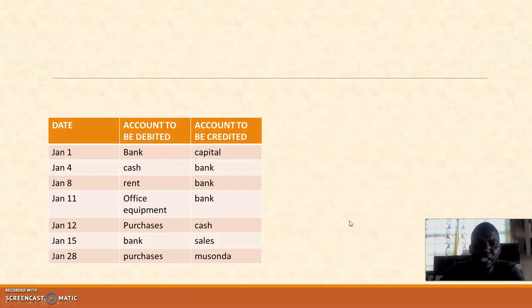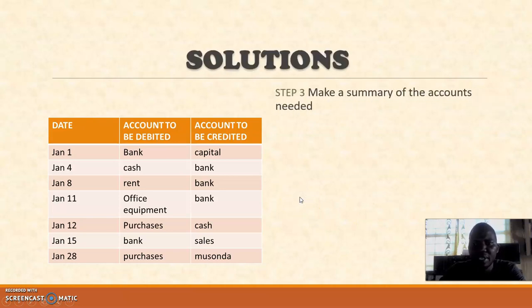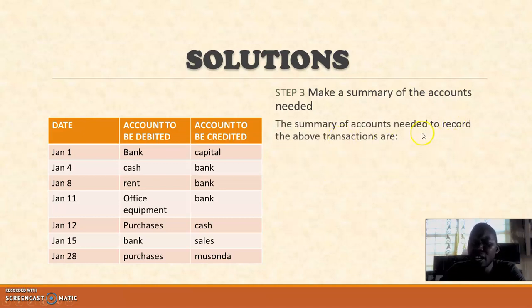Now let's quickly look at step number 3. Make a summary of the accounts needed. For the summary of the accounts needed to record these transactions, you pick each item just once, even if it's appearing 100 times. So in this case, we'll pick bank, cash, capital, rent, office equipment, purchases, sales, and Musonda.